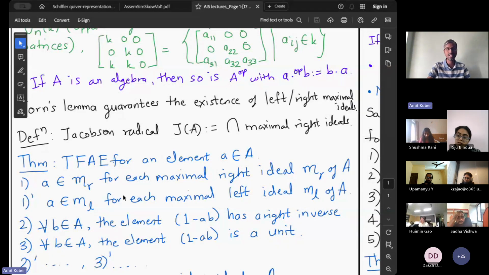This is standard stuff. So an element A belongs to each maximal right ideal if and only if it belongs to each maximal left ideal, if and only if 1 minus AB has a right inverse for every B. And equivalently, if and only if 1 minus AB is a unit, which means it has a two-sided inverse.